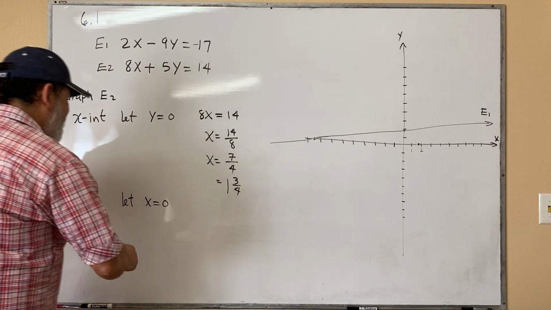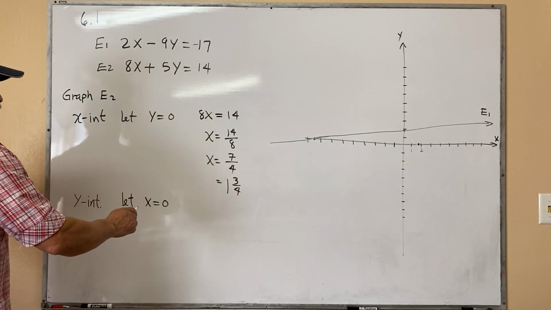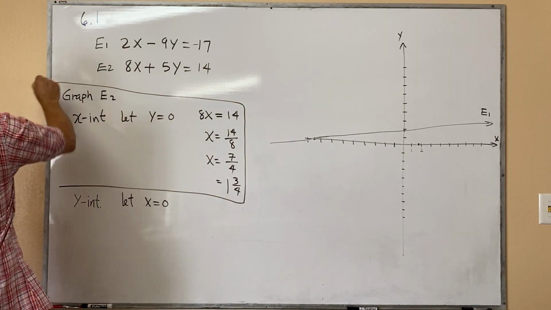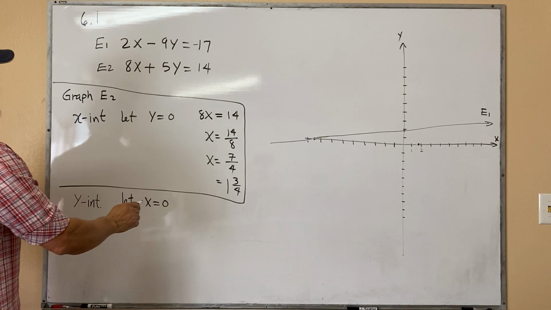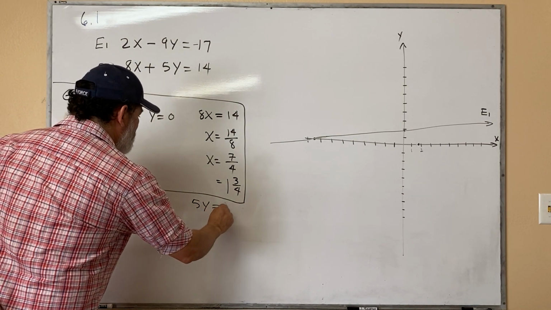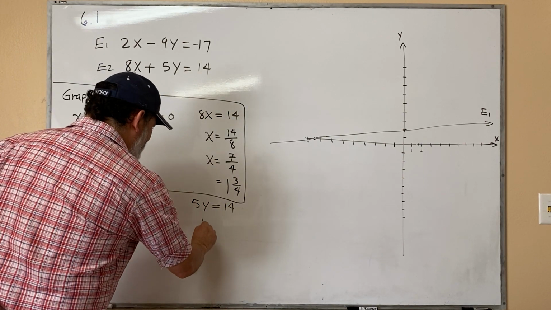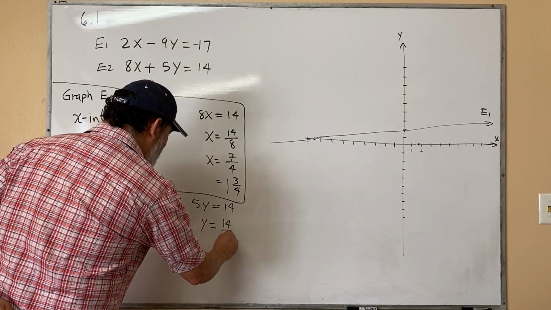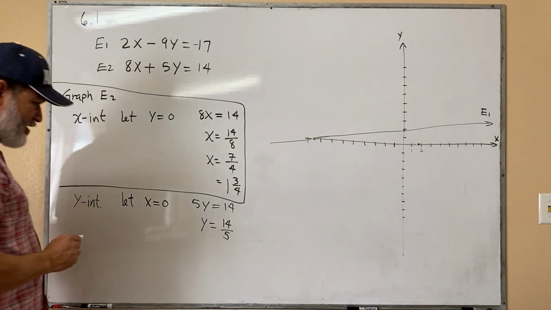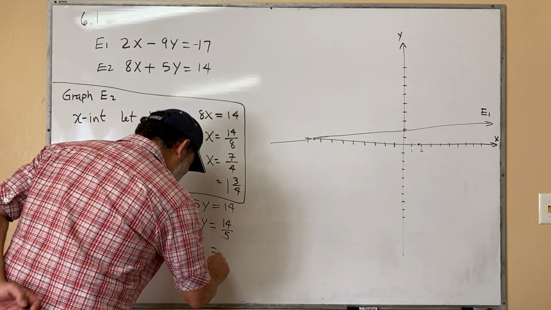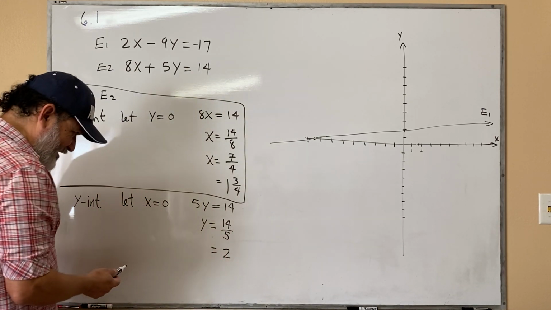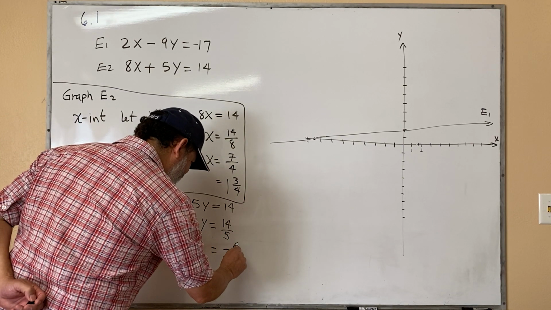So if x equals 0, 5y equals 14. y equals 14 over 5. 5 goes into 14 2 times, 2 and what? 4/5.